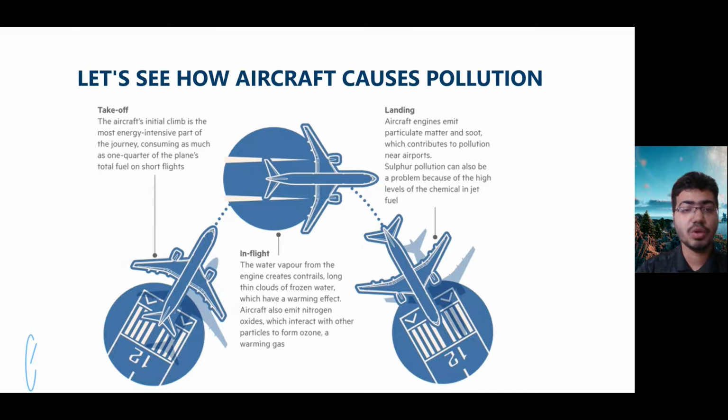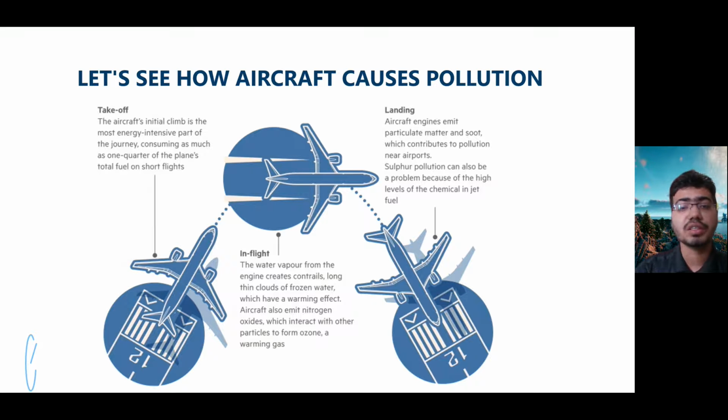In flight, the water vapor from the engine creates contrails, long trains of frozen water in the cloud, which generally have a warming effect. Aircraft also emit nitrogen oxide, which interacts with other particles to form ozone, a warming gas.